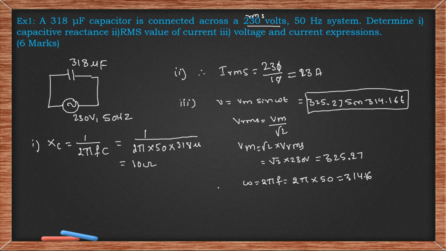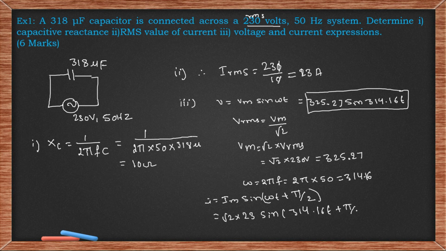Then let us say about the current, that is I is equal to Im sine omega t plus pi by 2. Why pi by 2? Because we know that in a pure capacitor the current always leads by 90 degrees. So here Im is root 2 into 23, sine, omega t is already calculated, 314.16 t plus pi by 2.